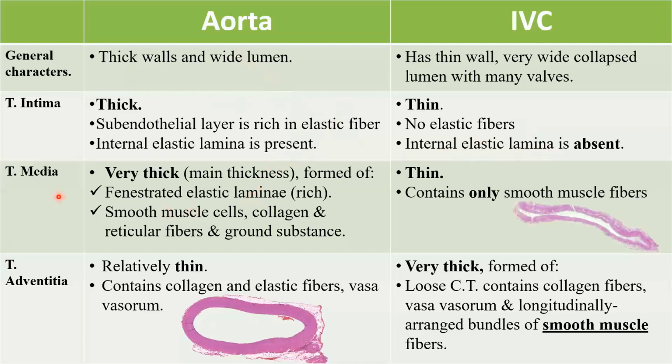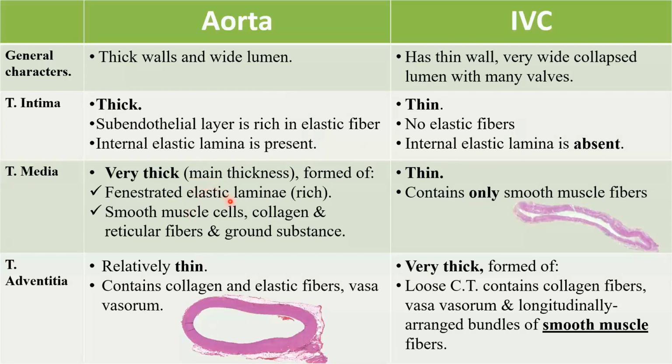The second layer of the wall is tunica media. We mentioned that it is very thick in aorta, thin in inferior vena cava. It represents the main thickness of the whole wall. So the wall is mainly thick due to very thick media.